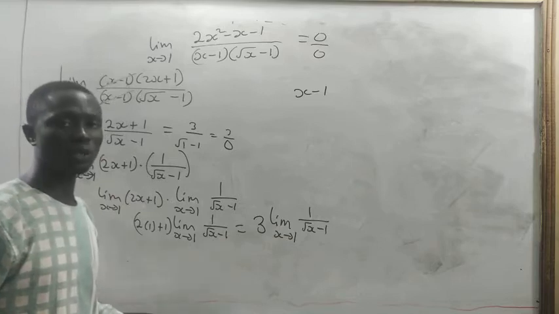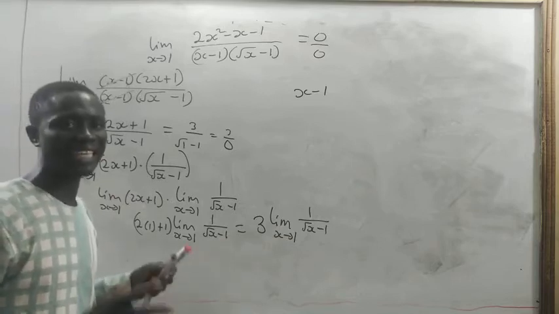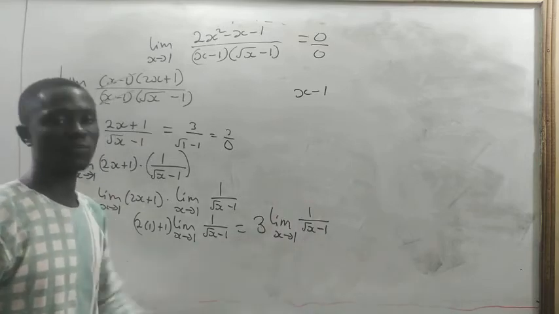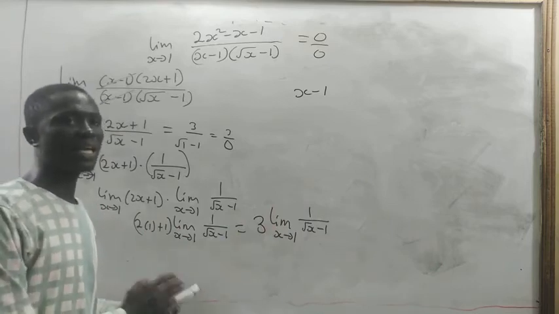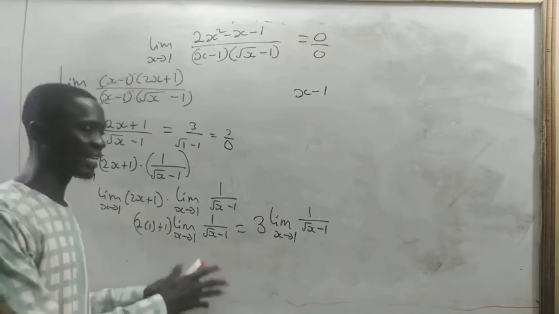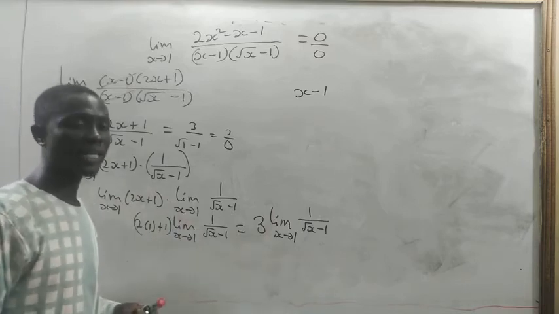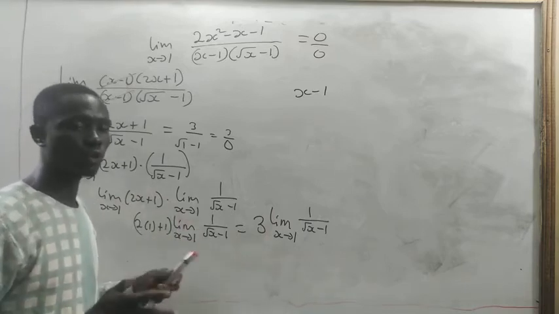So what we are going to do is find one-sided limits for this function. You find the left-sided limit, and then you find the right-sided limit, and then after that we compare to see whether the limit exists or not.